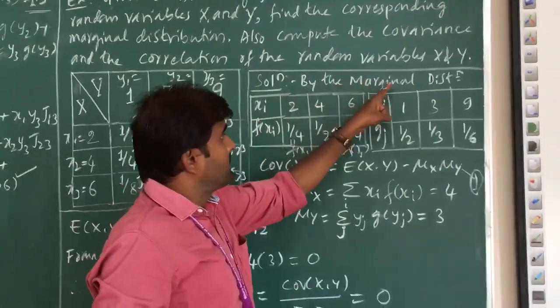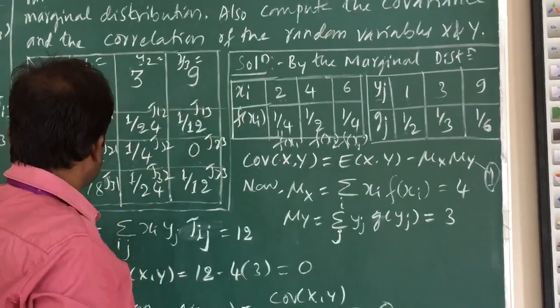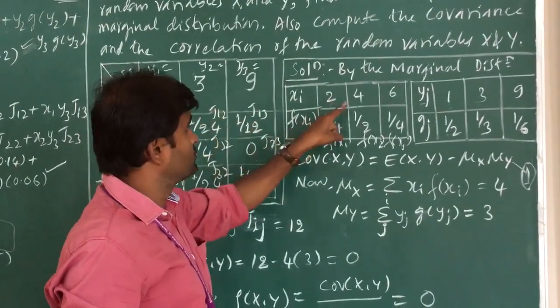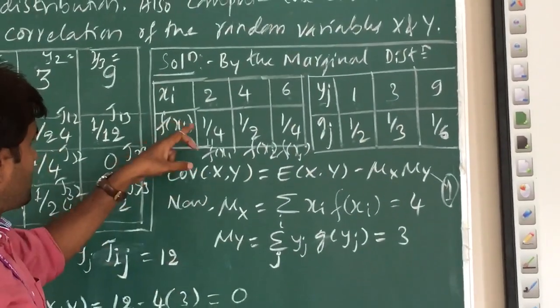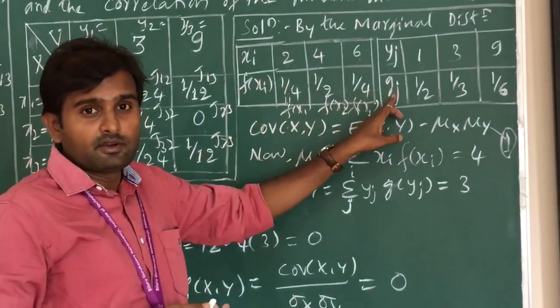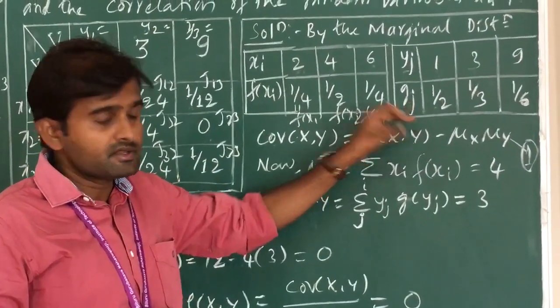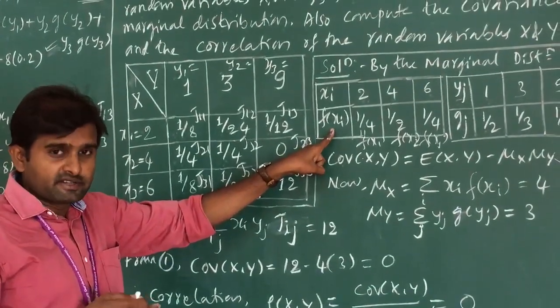The given random variables are xi: 2, 4, 6, and yj: 1, 3, 9. Now find f of xi and g of yj, which are the marginal distributions.